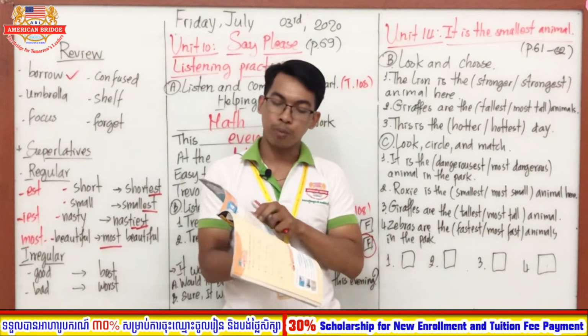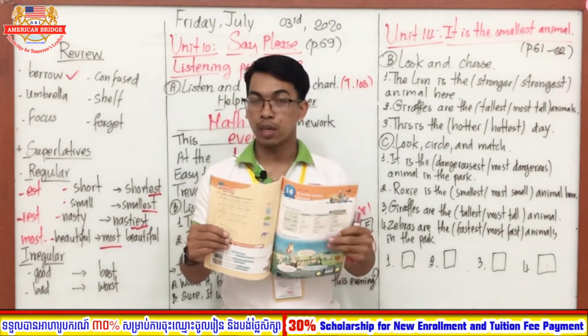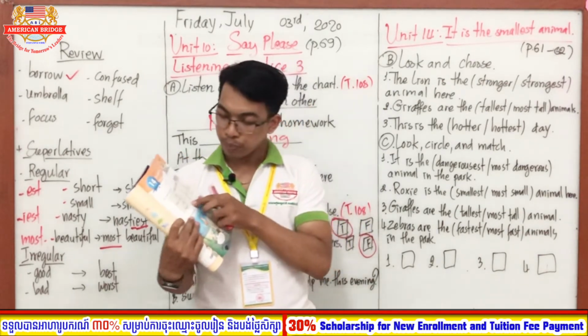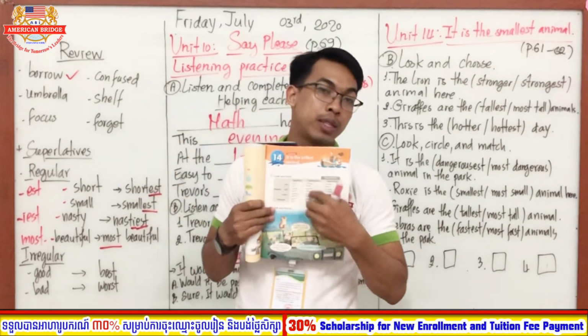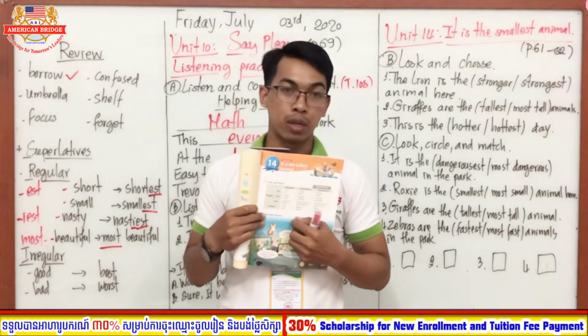When you open the book on page 61, you will see the lesson that you learned yesterday. You will know exactly about this adjective, how to change to the comparative and how to change to the superlative adjective.